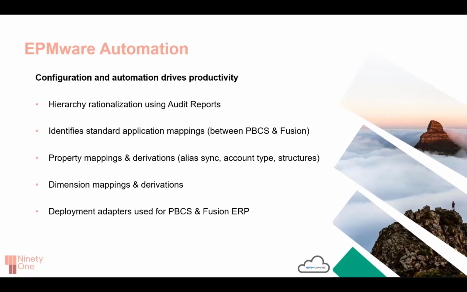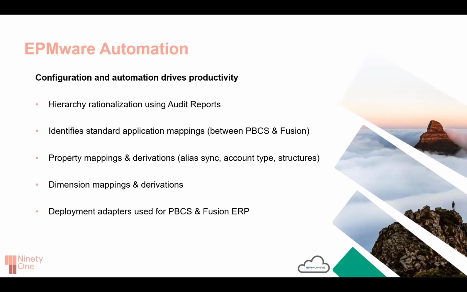So some of the challenges we faced during the course of the project were, as Ali alludes, we had differences in the hierarchies between the two products, between PBCS and Fusion. PBCS was considered the master of the two applications or technologies. And one of the requirements was to synchronize the hierarchies in Fusion with those in PBCS.